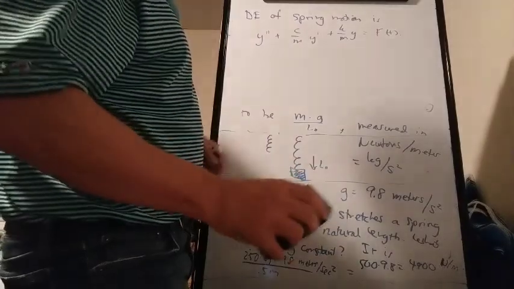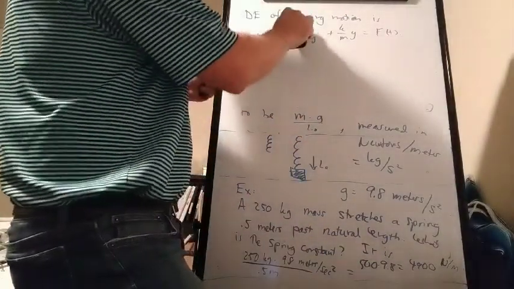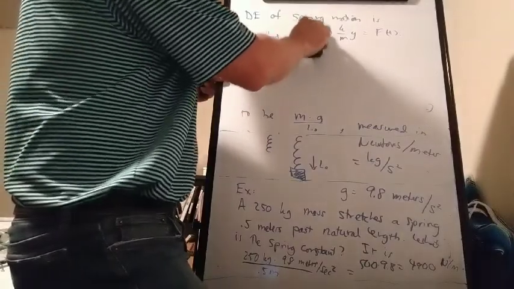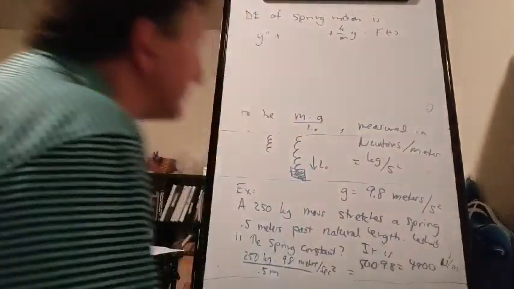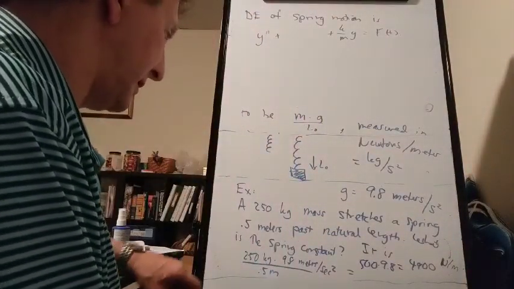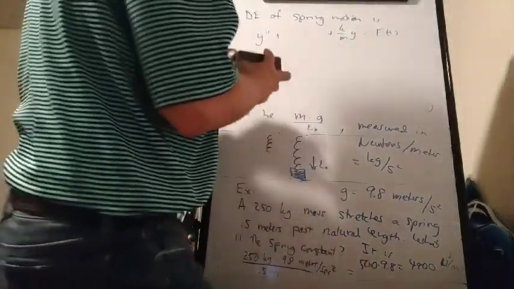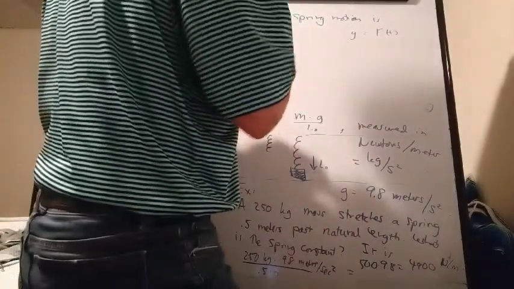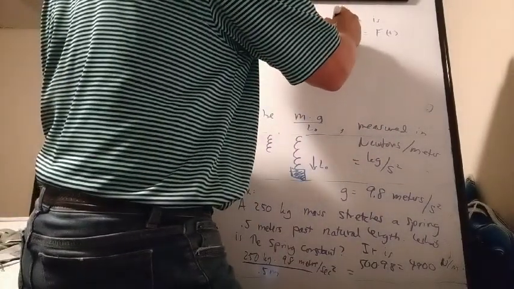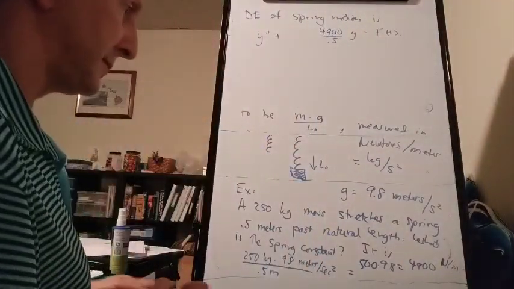So let's assume there's no damping. So with no damping, we're going to get rid of this y prime term. The c is 0. And let's put 4,900 in for k, and then 0.5 in for the mass.